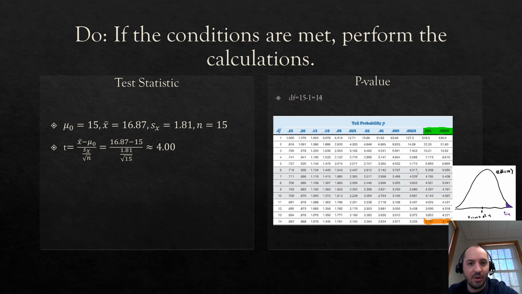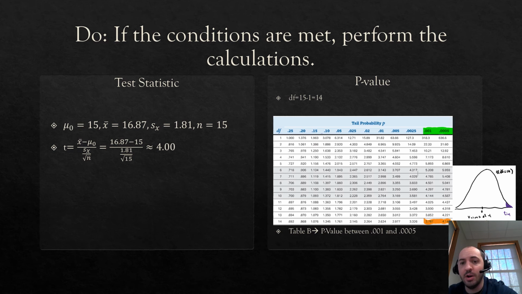A t-value of 4 is between 3.787 and 4.14, and those correspond to areas in these tails, or probabilities, of 0.001 and 0.005. So your p-value is going to be somewhere between these two values. This is the table you'd have on the AP Statistics exam.